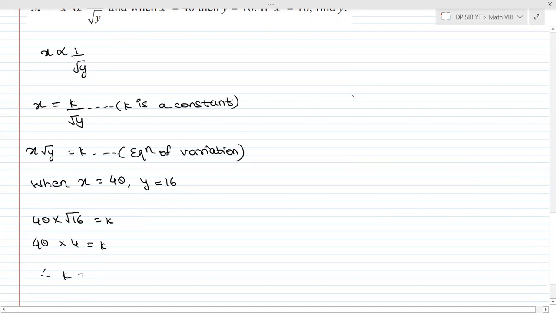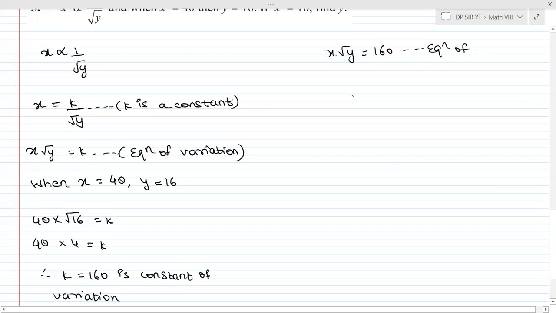And therefore, what is the value of k? It is 160, isn't it? Now, this k is equal to 160 is the constant of variation, isn't it? Now, what is the equation of variation? So, x root y is equal to 160. This is my equation of variation, isn't it?